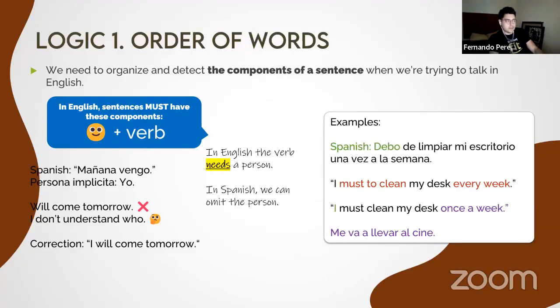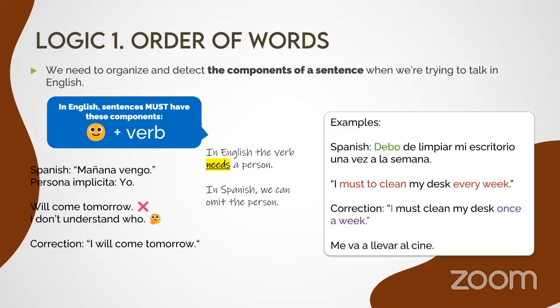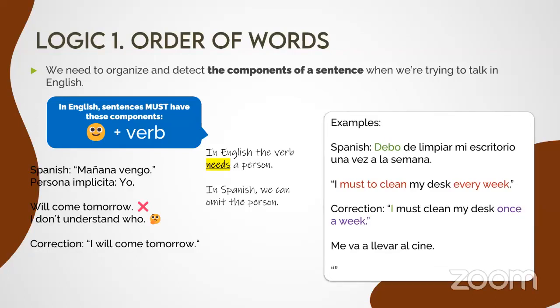How do you say this in English? He's going to... I don't know. He's going to.